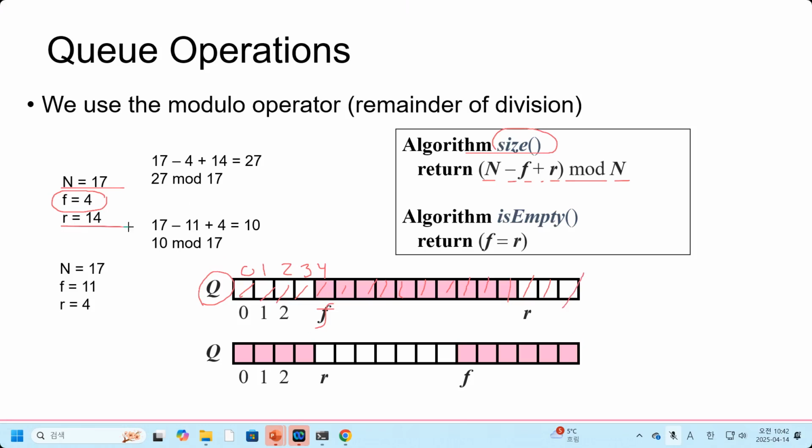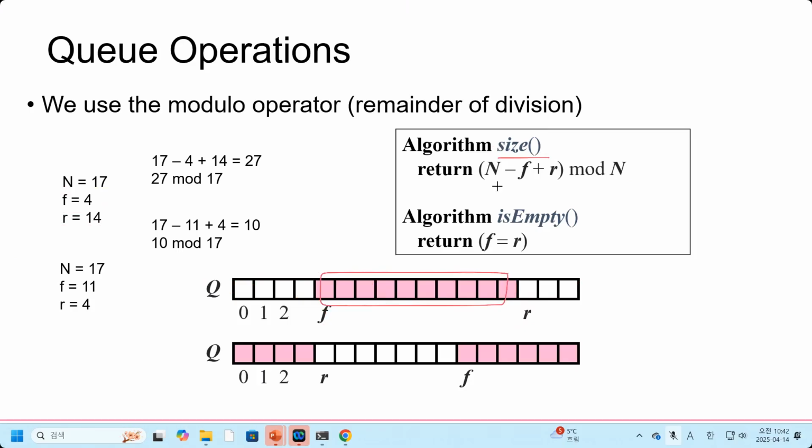And R is the position of the index R. So let's say R is 1. Now I want to know what is the size of the queue. Size means how many elements are now in the queue.